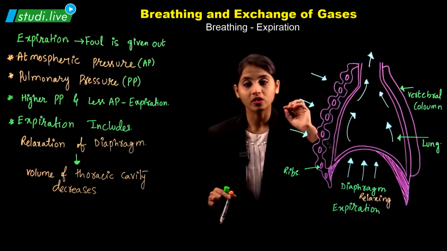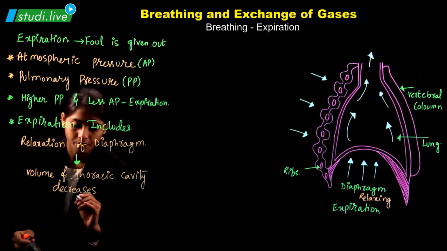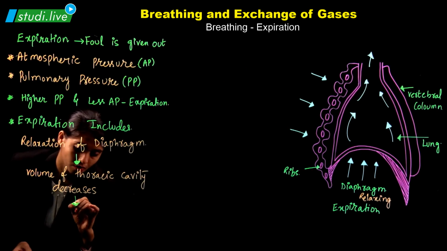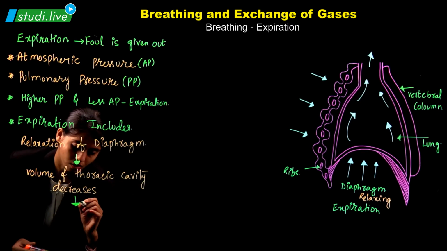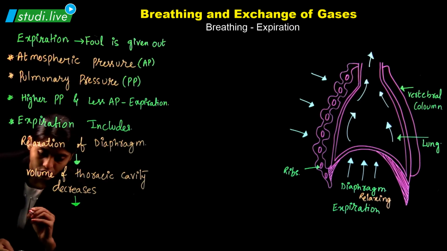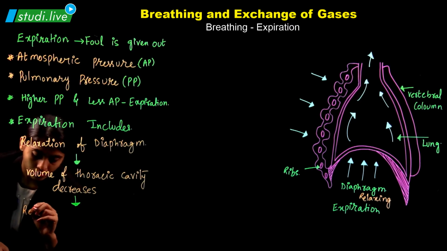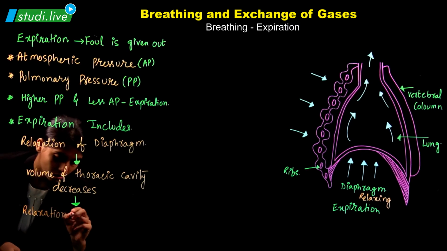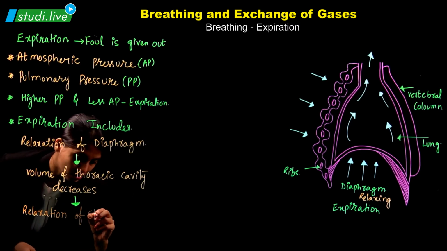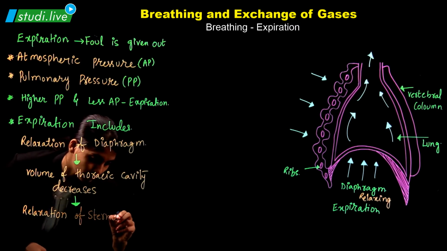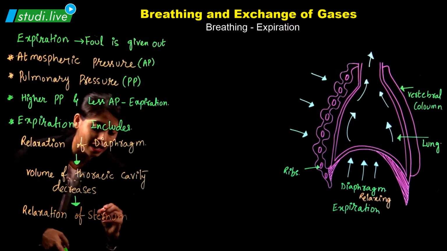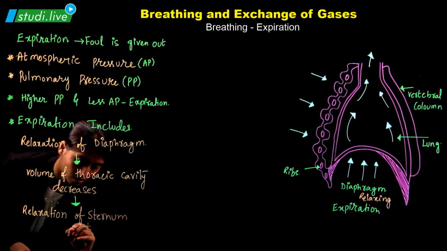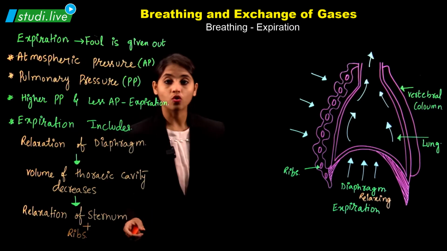Okay, students, when there is a decrease in the thoracic cavity, what will happen? Let's talk about the sternum and ribs. Relaxation of the sternum, the frontal bone, as well as the ribs. So what happens?